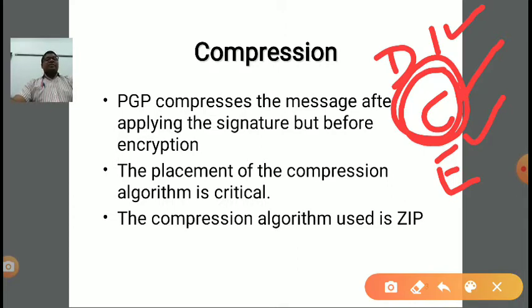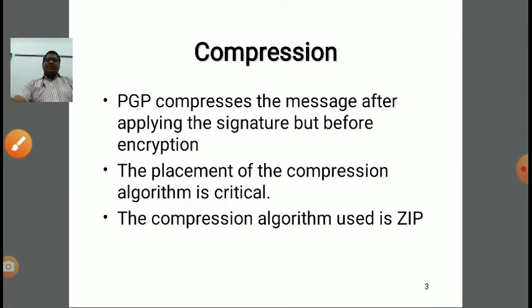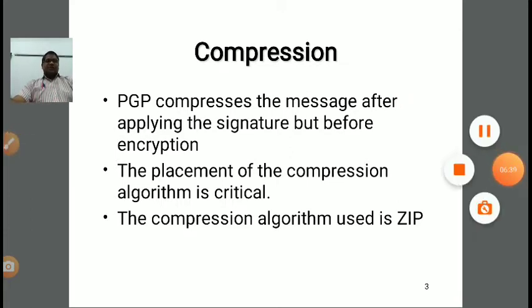So can this order be changed or is it fixed? The answer to this question will be given in the upcoming slides; you will come to know after 2 or 3 minutes. So again back to the point: PGP compresses the message after applying the signature but before encryption, right?